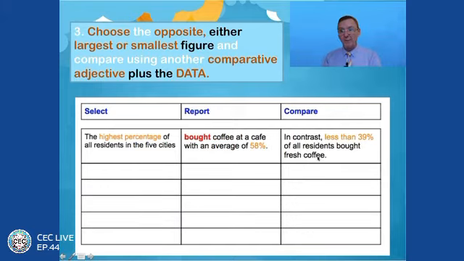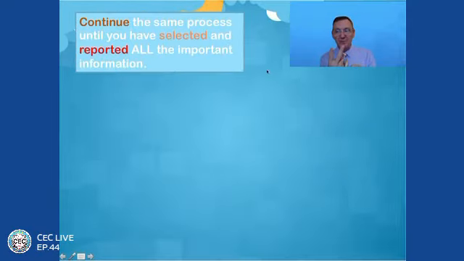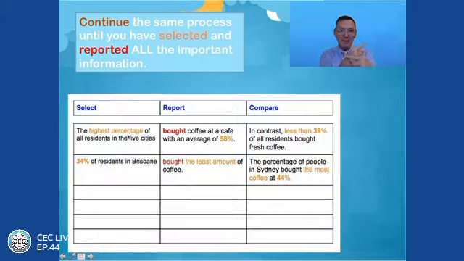Now look at this. Step 1, select the biggest or the lowest. Step 2, report with a verb and data. Step 3, compare and contrast against the opposite of the first thing. And here you have this table, and all we do is keep filling in information.